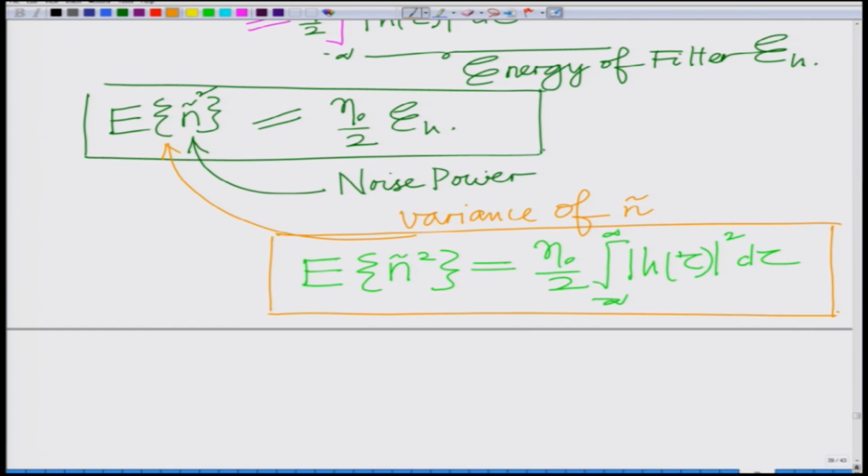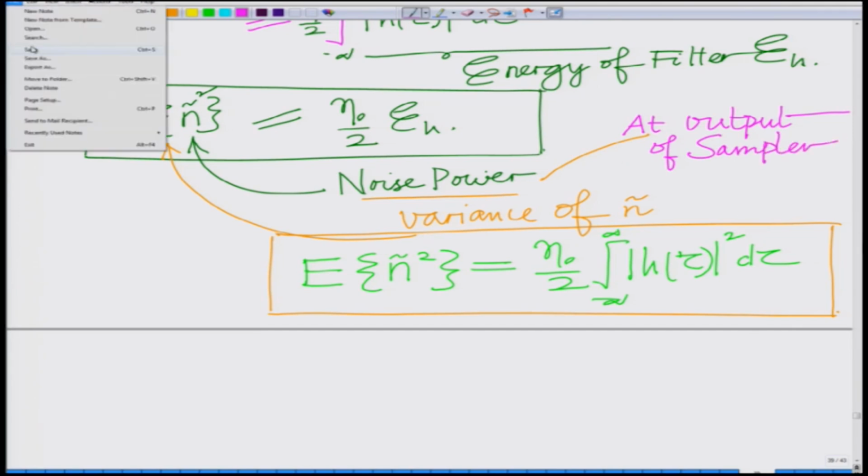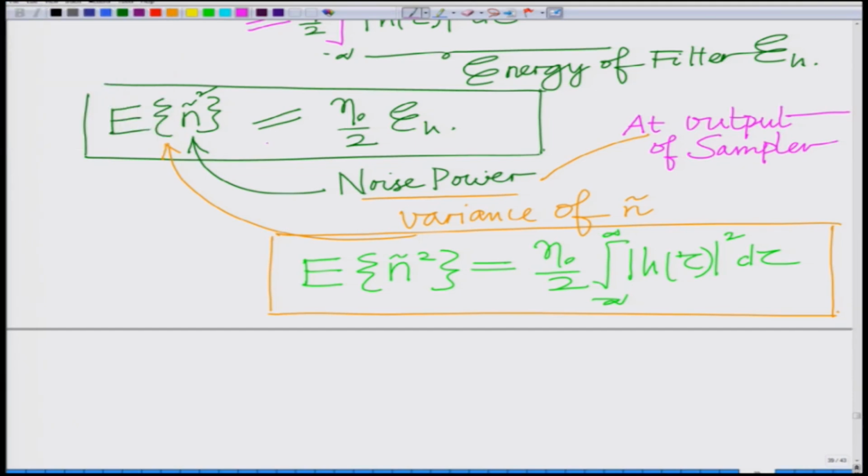So, therefore, we have derived the noise power, remember, the noise power at the output of the sampler, that is after sampling. We have performed this analysis; previously we had derived the signal power, and now we have derived the noise power.